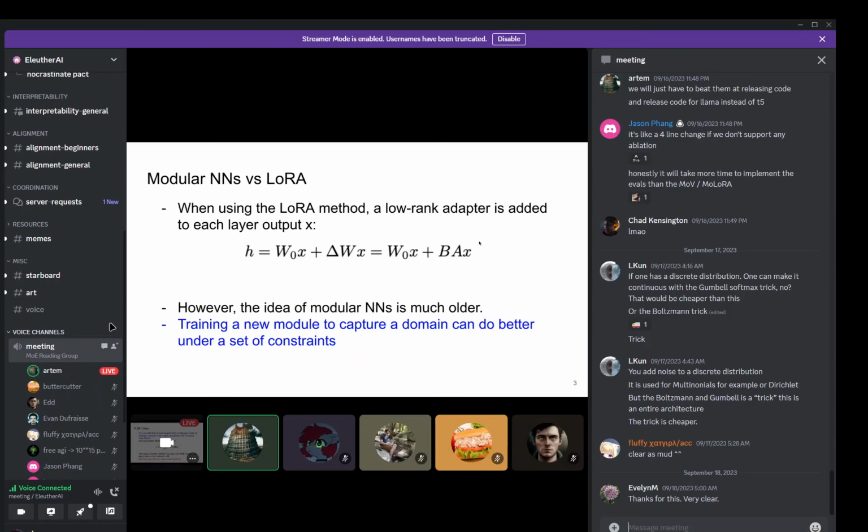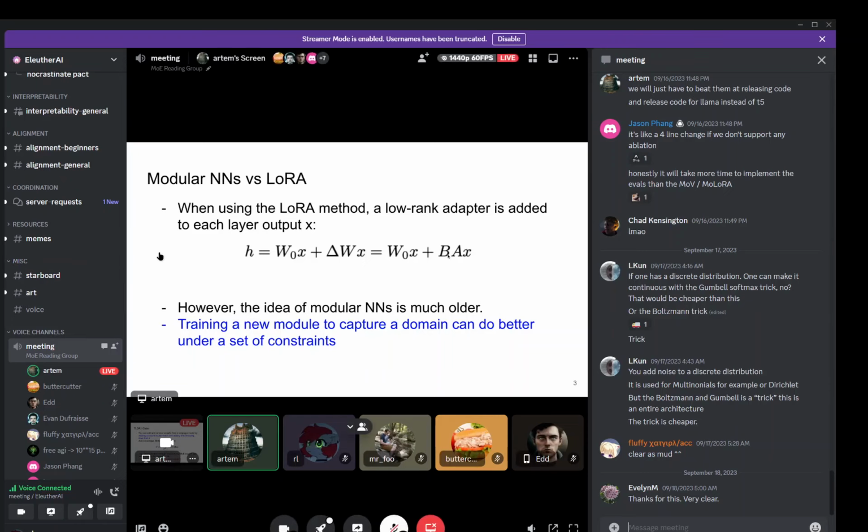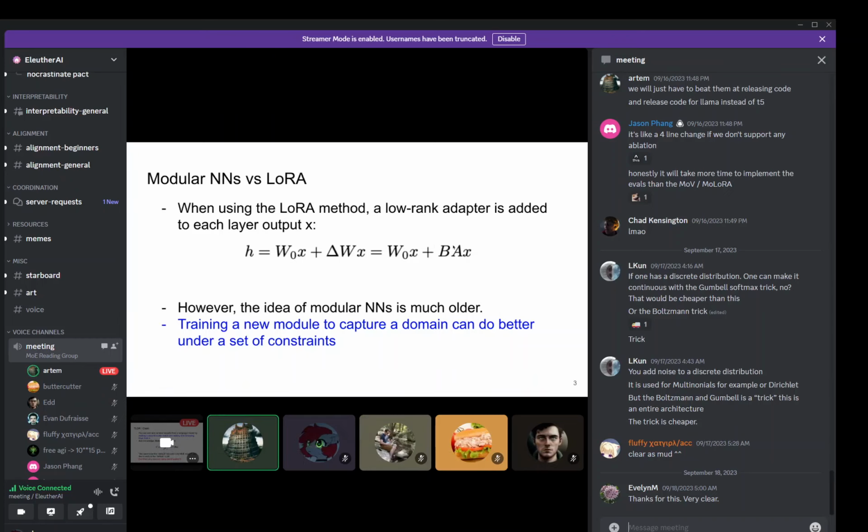With LoRA you have your low rank adapter that you add to each layer output. It's very few parameters, because both of these matrices are low rank, so the dimension is d_model by 16 or 64, so they're very shallow.